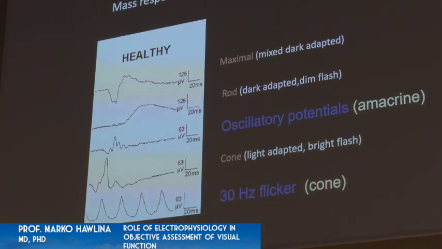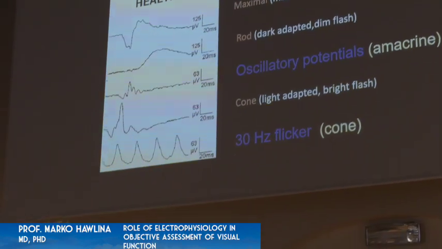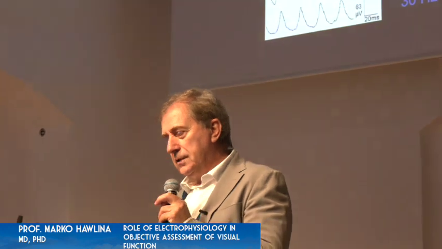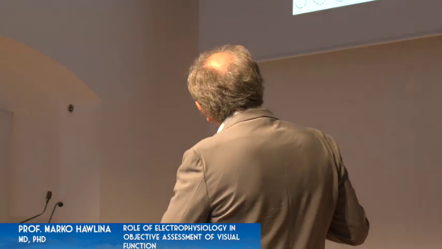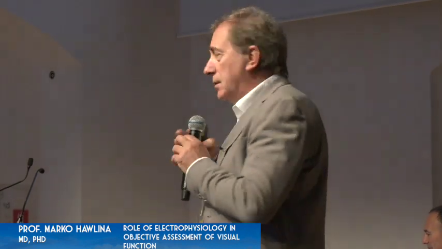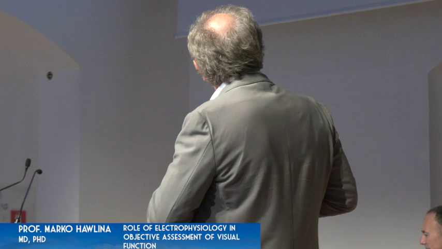And only cones respond to flicker, which is 30 Hertz, so fast responses. So for example, in optic media problems, if you are interested whether the macula works or not, just the 30 Hertz flicker will tell you that.